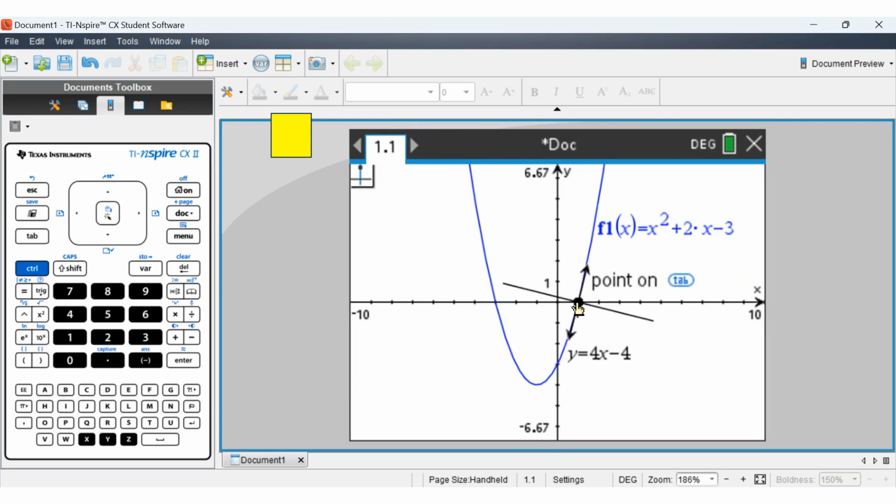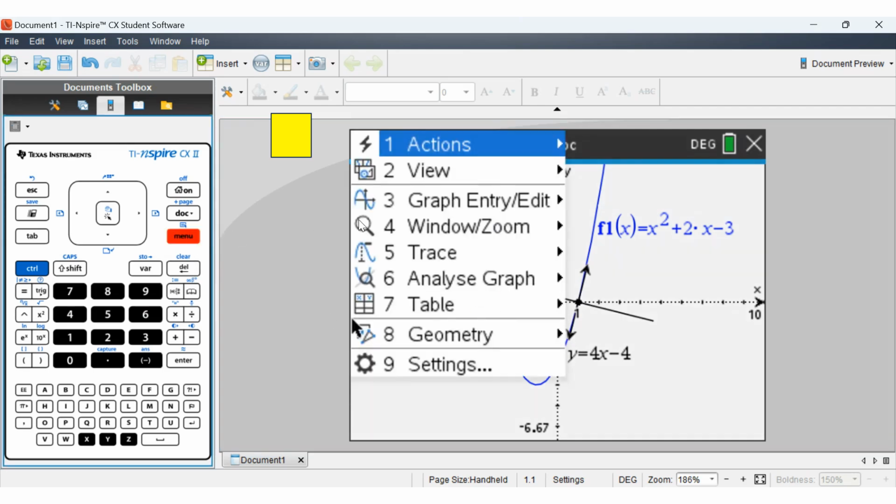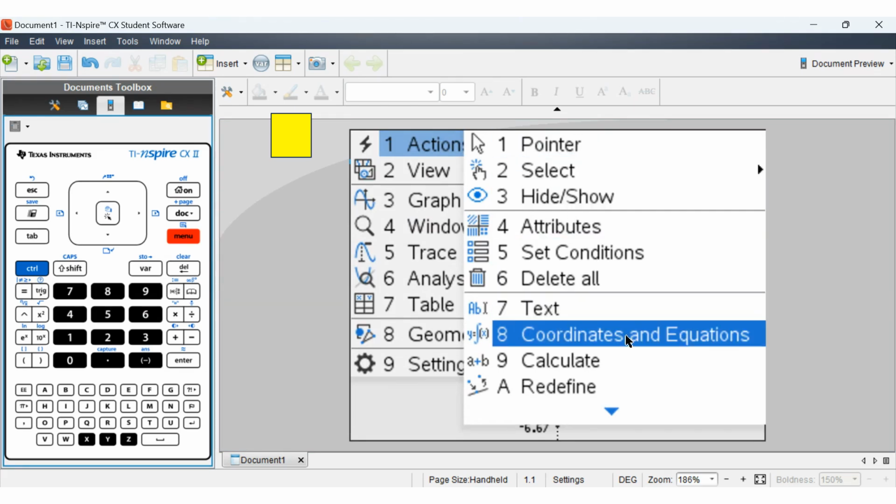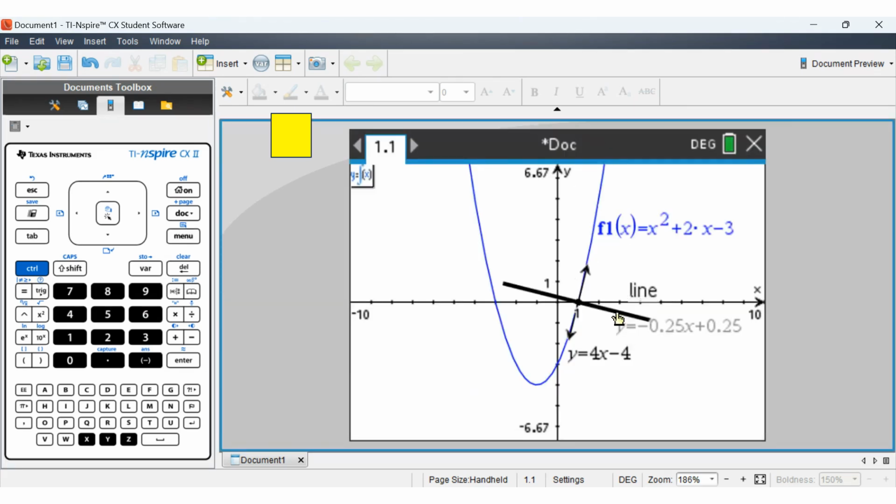Now we need to get the equation of that line, so go to Menu, go to Actions, and go to Coordinates and Equations. So we want to find the equation of that line, so click on that line, and now we have the tangent and its equation and the normal and its equation.